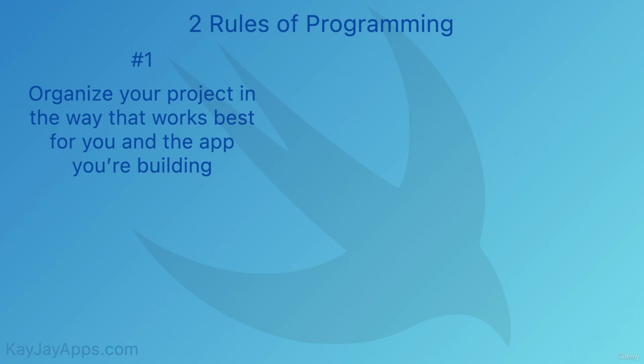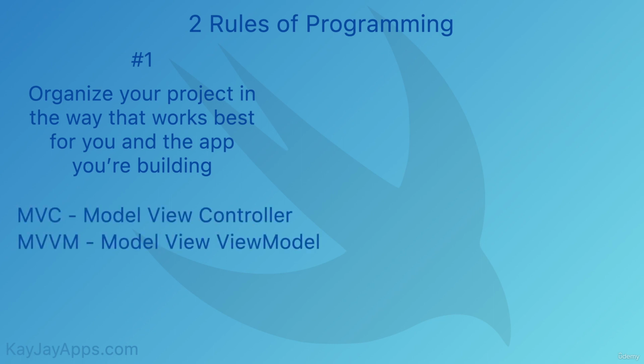Now, if you're hoping to get a job in the industry and work with a team of developers, you probably should understand and be comfortable with using some of the common ways to architect or organize an app project. The two most common in iOS development are MVC and MVVM. Those stand for Model View Controller and Model View ViewModel.